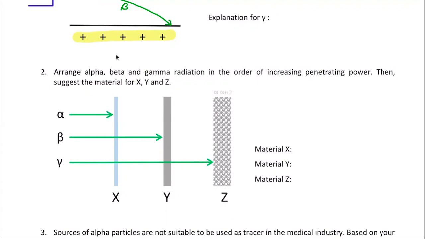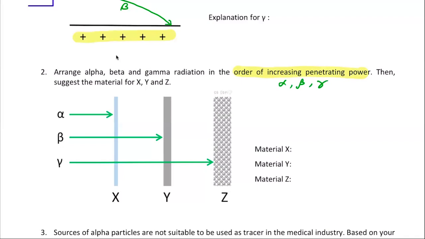The order of increasing penetrating power. Increasing penetrating power means we start from the lowest penetrating power and then to the highest penetrating power. So the lowest will be alpha, beta, and gamma. Correct. So the order is alpha, beta, and then followed by gamma.